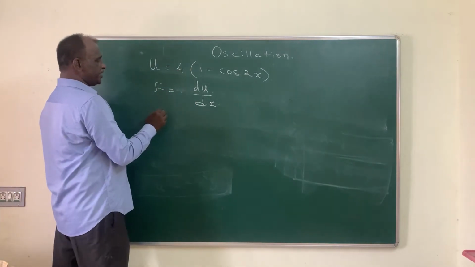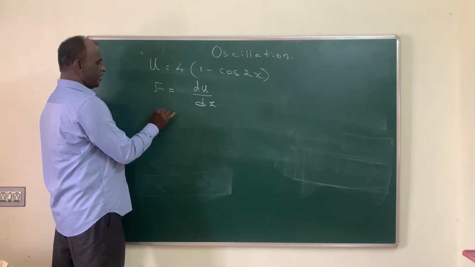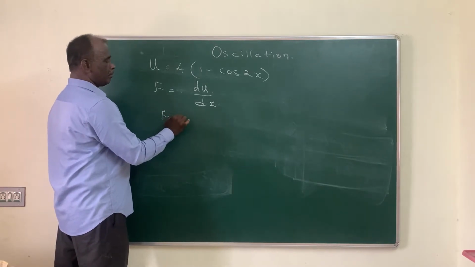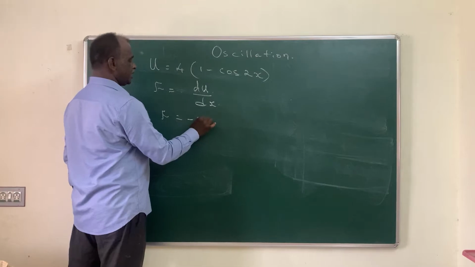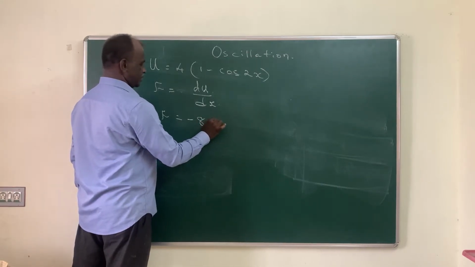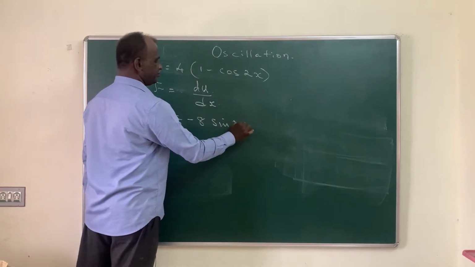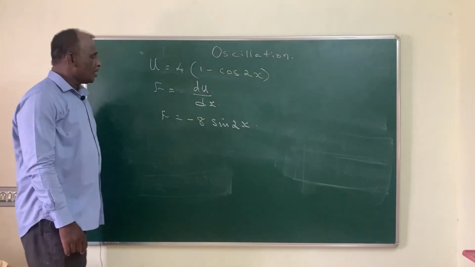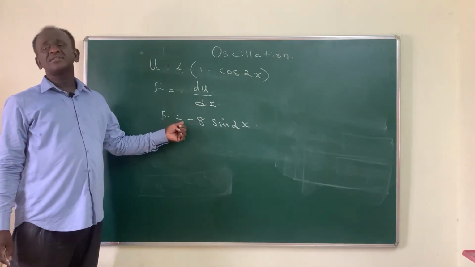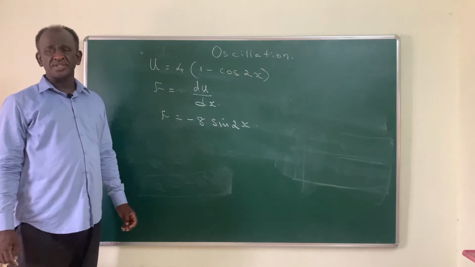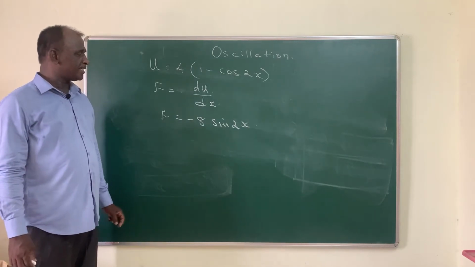On being differentiated, what I get is F equal to minus 8 into sin 2x. So this is an expression for the force acting on the particle executing simple harmonic motion. From this I can find out the acceleration of the particle.